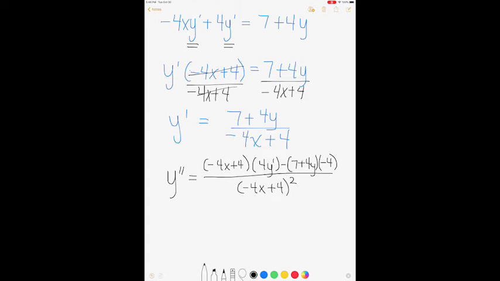All right, and so before I simplify that, let me go ahead and simplify some of it. I'm going to simplify this section right here. If I distribute that negative 4, that'll be minus negative 28 minus 16y.